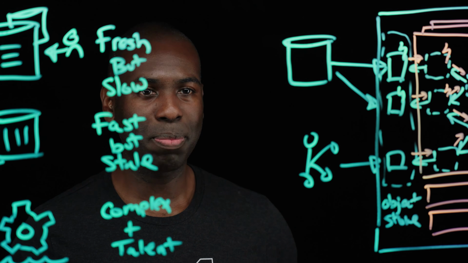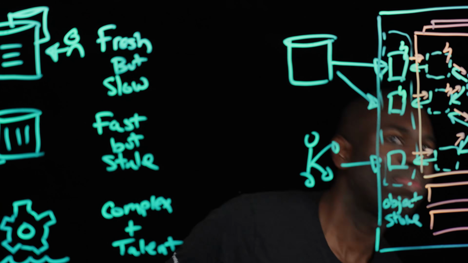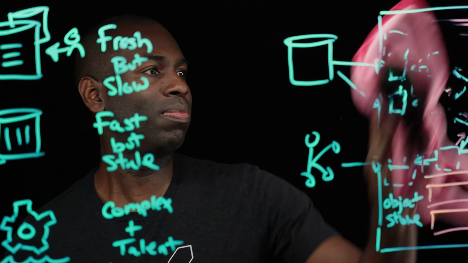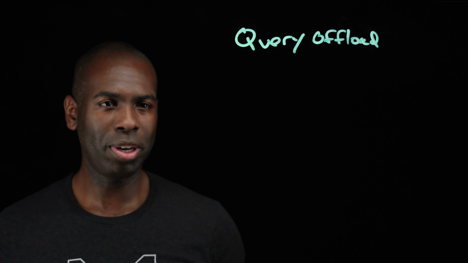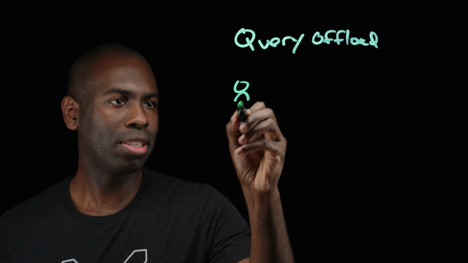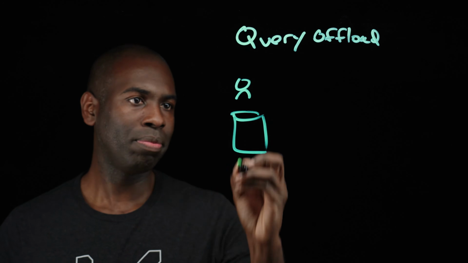Next, let's talk about some architectural patterns that Materialize unlocks. The first pattern is all about running complex queries on operational data. We'll call it the query offload pattern. This one's pretty simple. You have your updates coming into your transactional database.